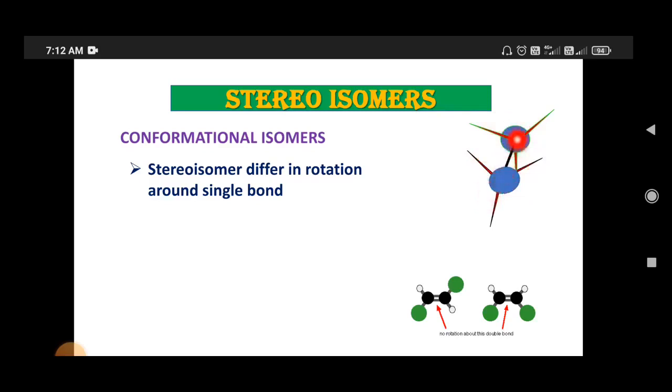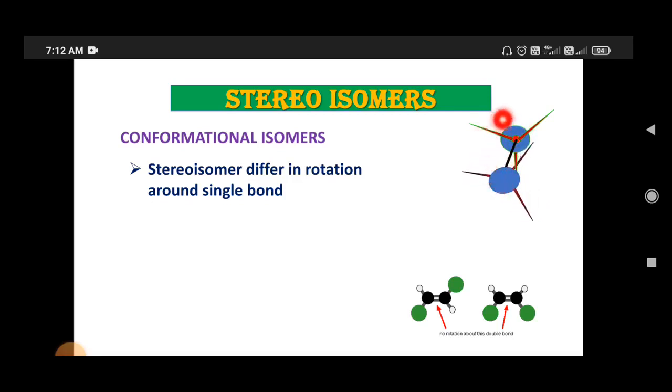When we rotate the carbon-carbon bond by 180 degrees without breaking the bond, the hydrogen atoms present on each carbon become anti to each other.